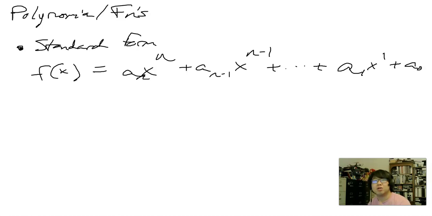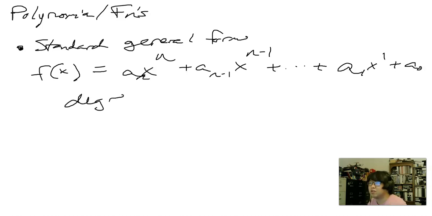So when we talk about standard polynomial form, or general form, as it could also be called, that means we're talking about a polynomial with degree n, which can be any number.